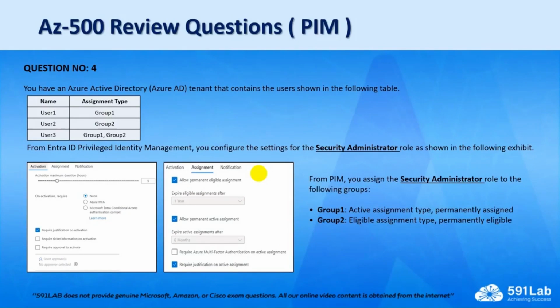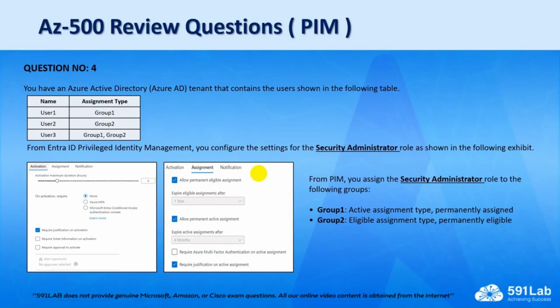It says, from PIM, you assign the security administrator role to the following groups. So the security administrator role can be assigned to groups as well. Group 1 is being assigned, and group 1 says the active assignment type should be permanently assigned. And group 2 says the eligible assignment type should be permanent eligible.